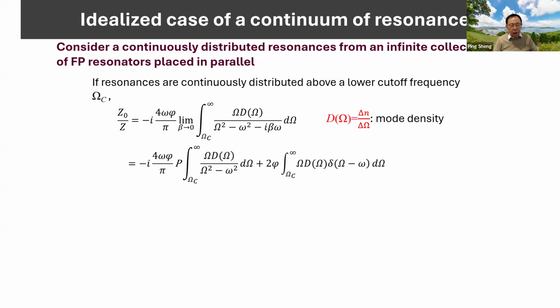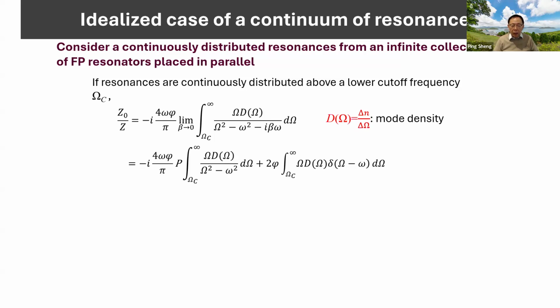So Z naught is the impedance of air, and Z is the effective impedance of this collection, and it equals 4 omega phi divided by pi times the integral of big Omega, d of omega.